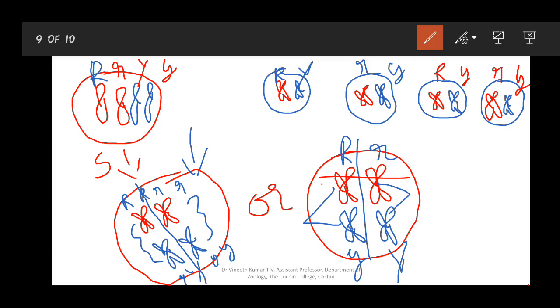Is that clear? So this is another possibility. That's why we took two possibilities as OR. You have two types of metaphase arrangement if you consider two traits or two characters, and this can happen only in the heterozygote. In homozygote, we didn't find such an alternate arrangement, because all the alleles were the same type.